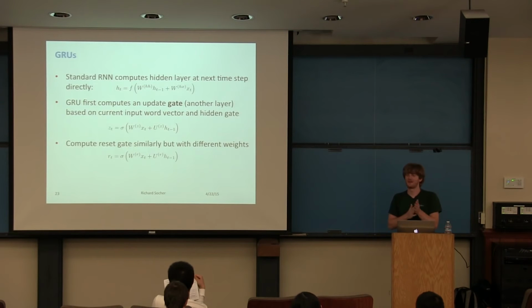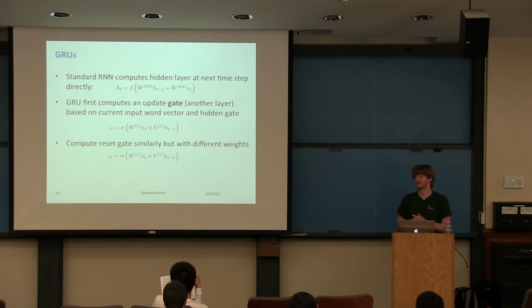So let's define gated recurrent units. Hopefully you will see that really there's only one new little Lego piece here that we add, but everything else is fairly standard. We just put it together in new ways. The standard recurrent neural network computed our hidden layer at the next time step directly with this equation.